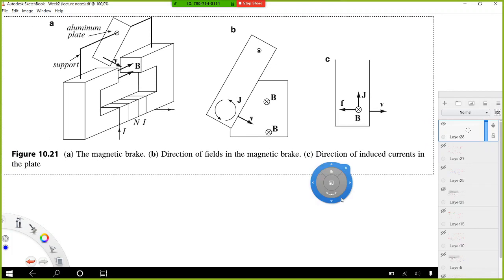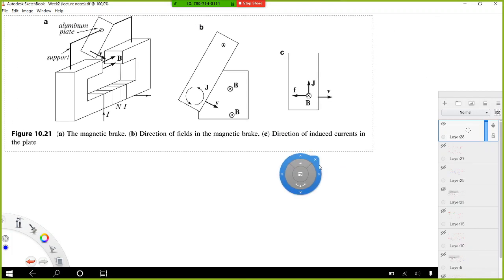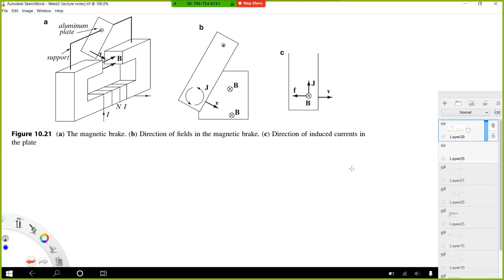Let's paste it here. Well, a very interesting and useful application of induced currents is the magnetic brake. So the principle of the magnetic brake is shown here.